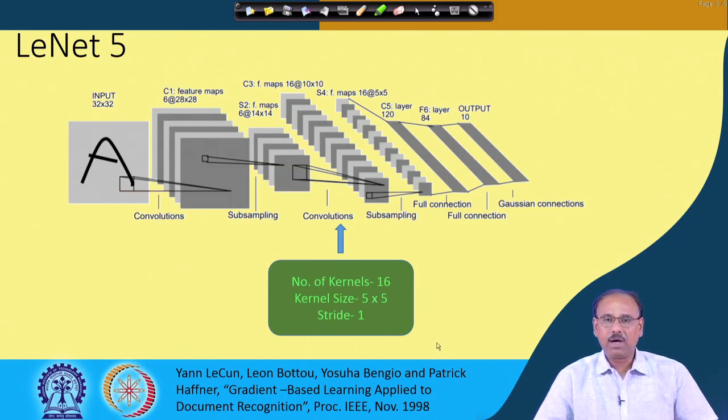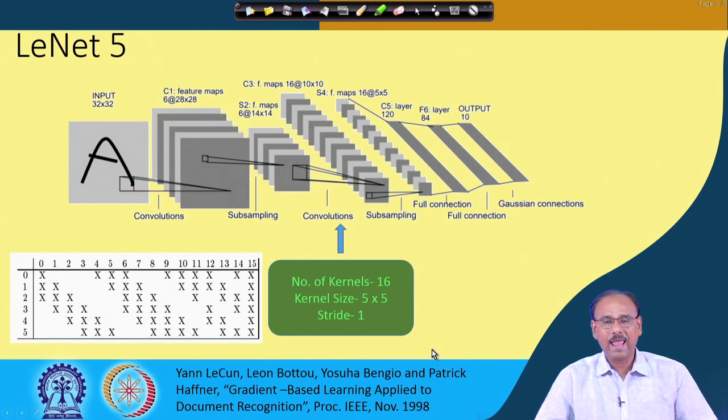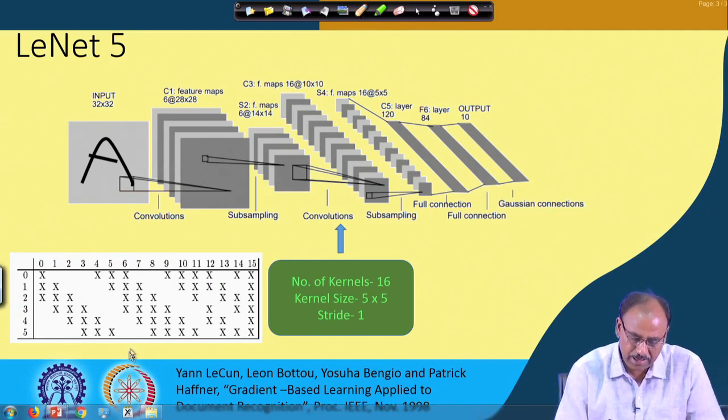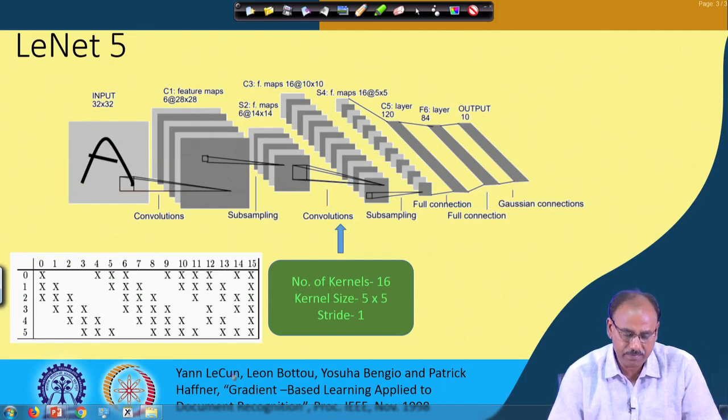Now when you are using the 16 kernels to generate 16 feature maps, not every one of the 6 feature maps from the previous layer is passed to every kernel. Rather, it uses a type of asymmetrical connection. This particular table on the left tells how this connection is actually made.